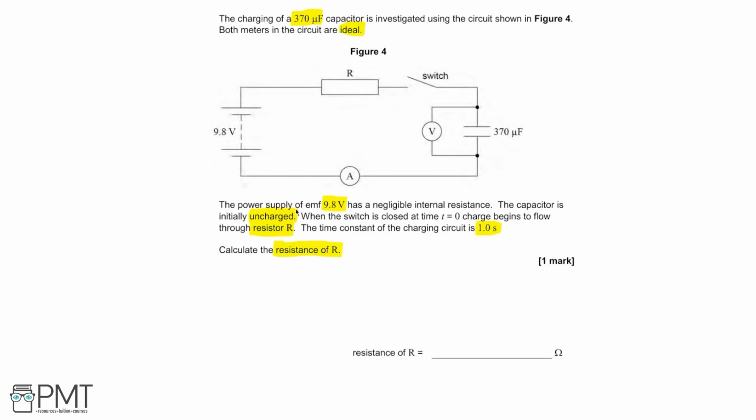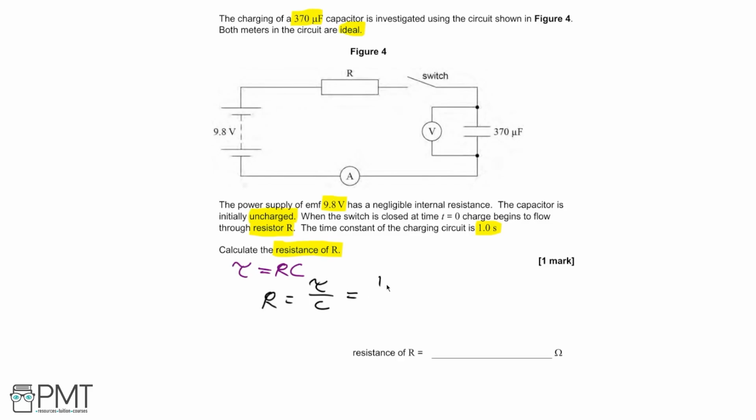In this question, since we've been given both the value of the capacitance of the capacitor and the time constant, it's helpful to consider an equation that relates the time constant to the resistance and the capacitance. Therefore, we can use the equation tau, the time constant, is equal to R times C. Rearranging then, we have that R is equal to tau divided by C. So at this point we can substitute numbers in.